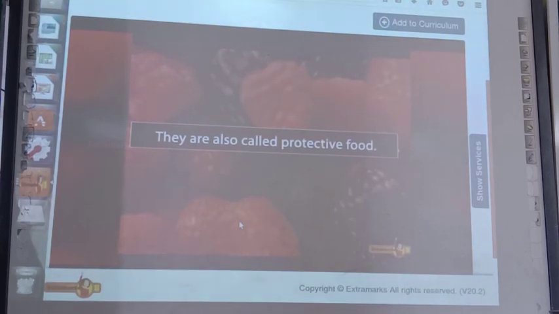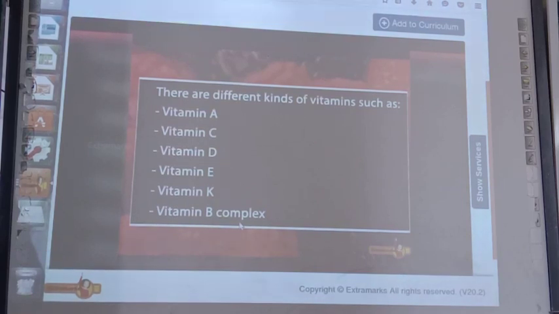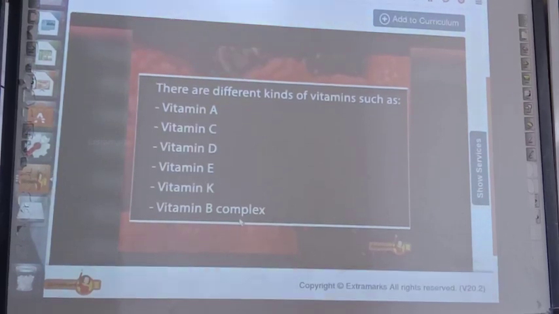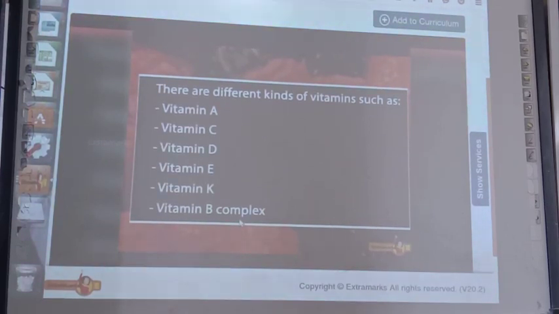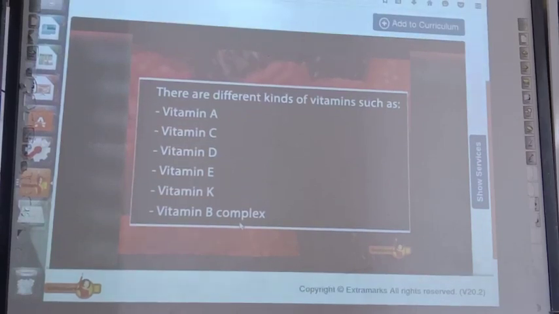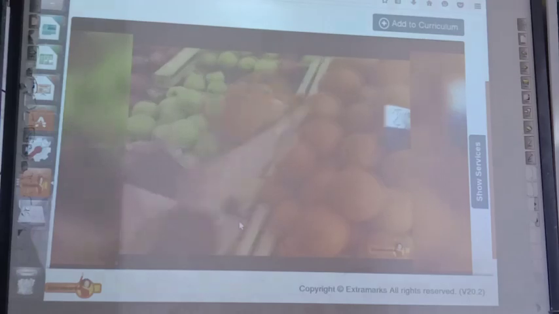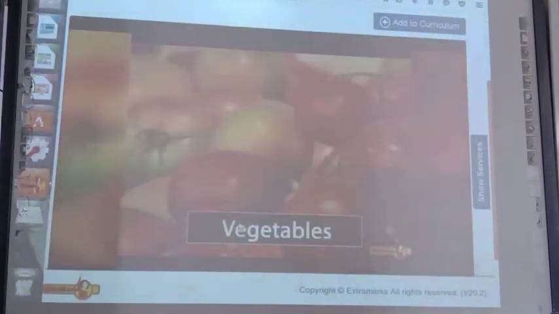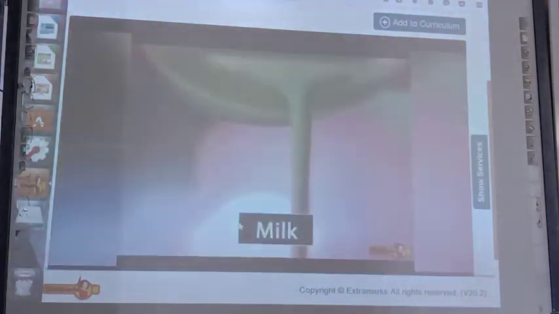There are different kinds of vitamins such as vitamin A, vitamin C, vitamin D, vitamin E, vitamin K, and vitamin B complex. Sources of all types of vitamins and minerals are fruits, vegetables, egg, milk, etc.